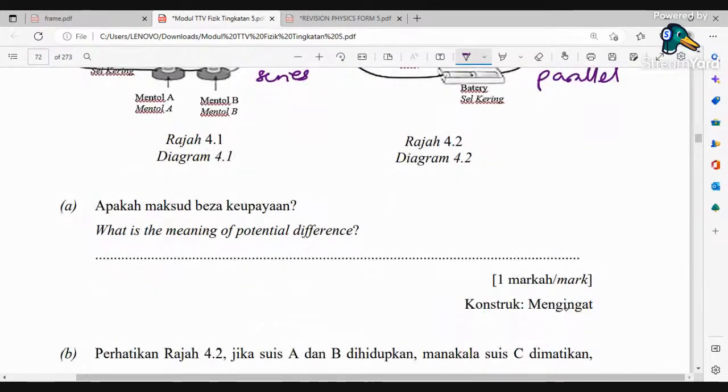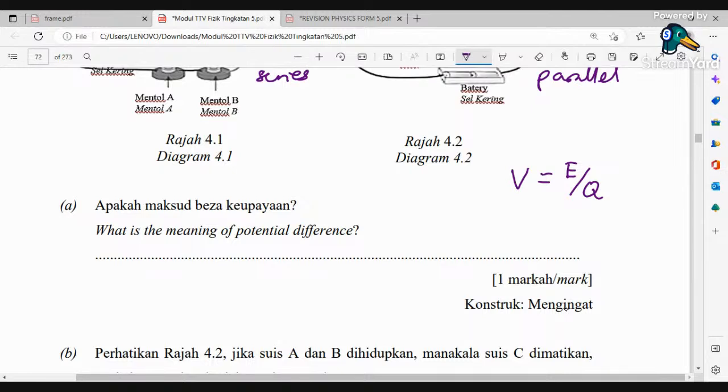What is the meaning of potential difference? Remember the formula, V equals to E divided by Q. Electrical energy per unit charge.